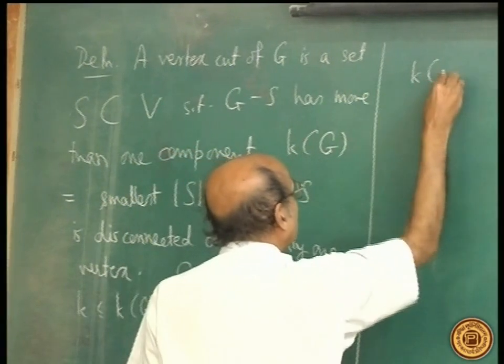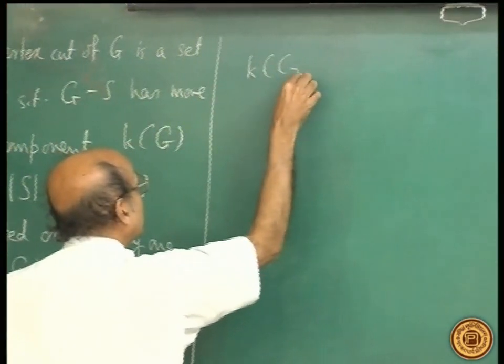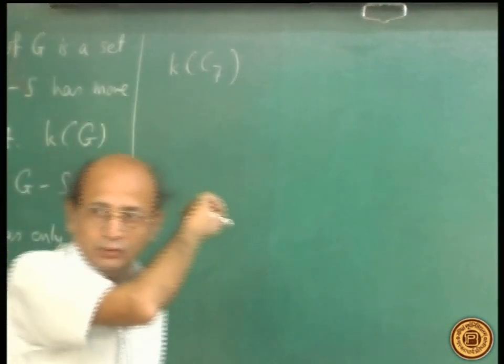What about the connectivity of C7? So I have a cycle with 7 vertices.